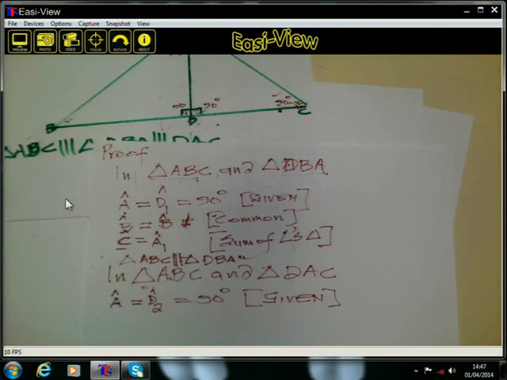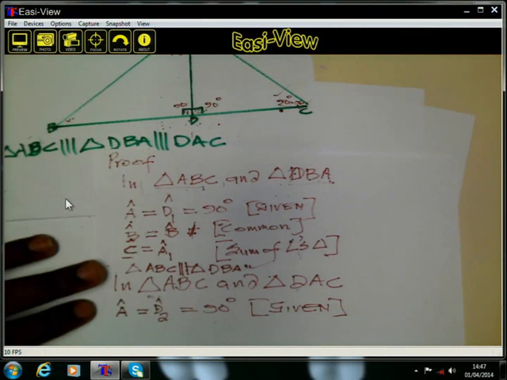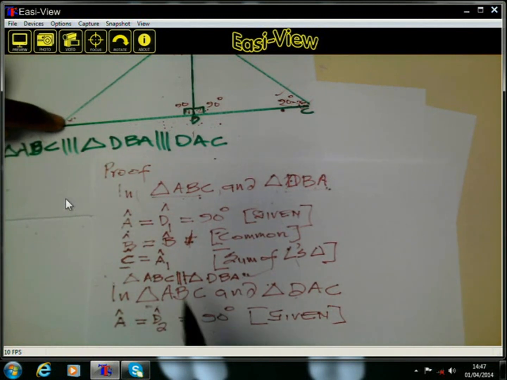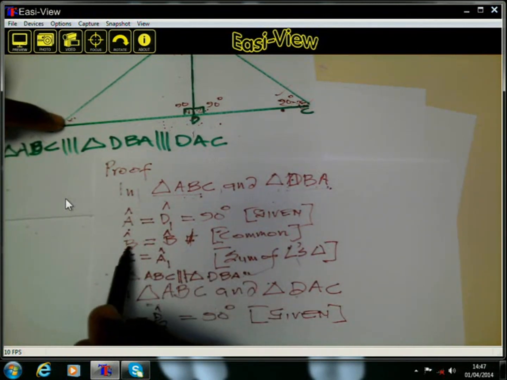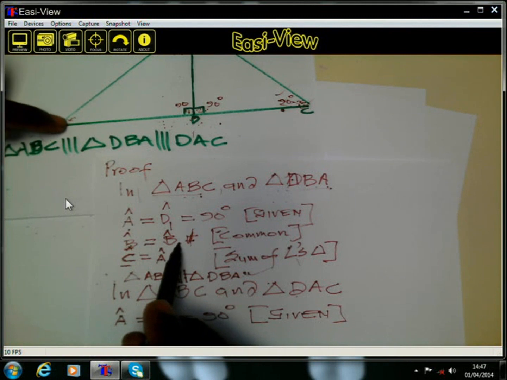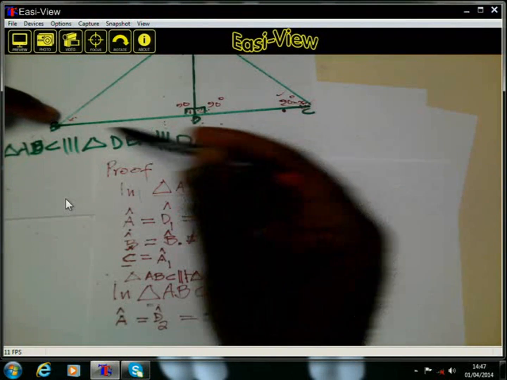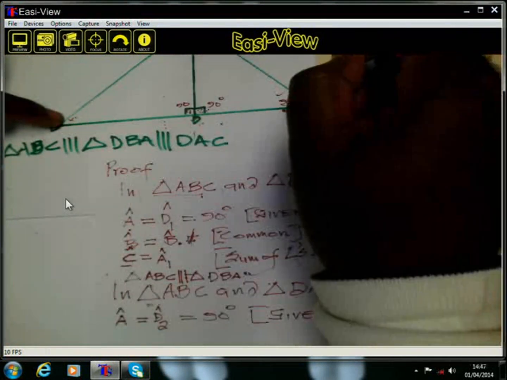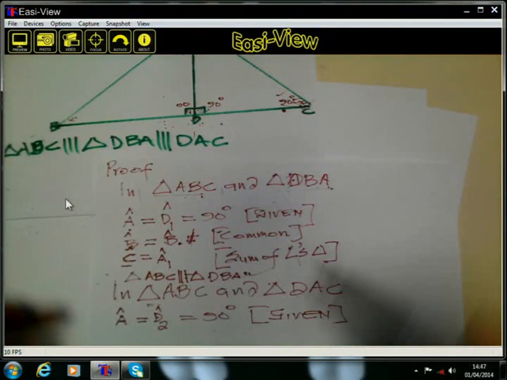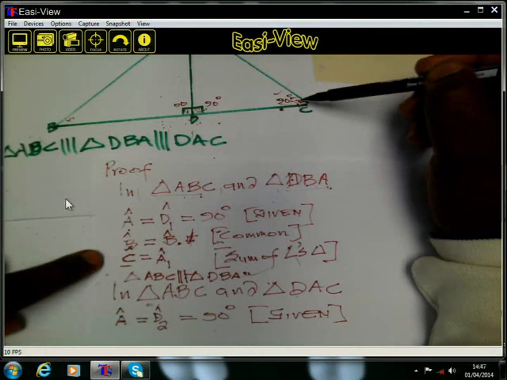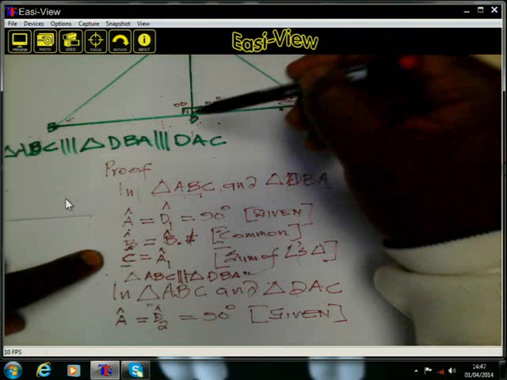The second part, just like we did with B. Remember, with the first part we said B was common in both: B was an angle for ABC and an angle for DBA. So we can say the same with C. C is an angle for ABC, and C is also an angle for DAC.